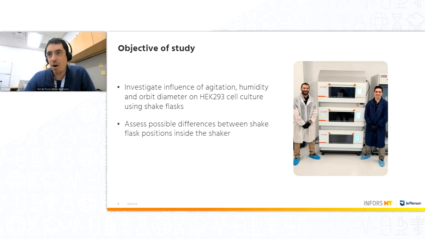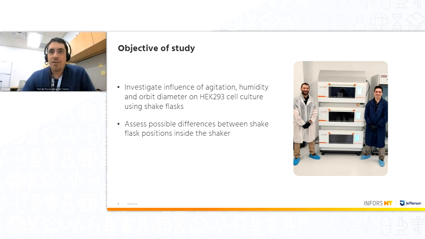If you're going to optimize a small-scale culture using shake flasks and need to test different variables at different levels, it helps to have an incubator with different cabinets, right? So you have 3 cabinets on the Multitron INFORS incubator, and you can really have different set points on each cabinet, and that's really useful if you want to optimize a cell culture in suspension on small scale, like shake flasks.